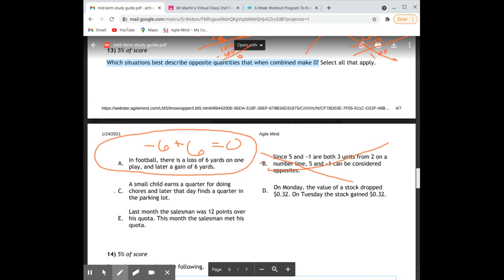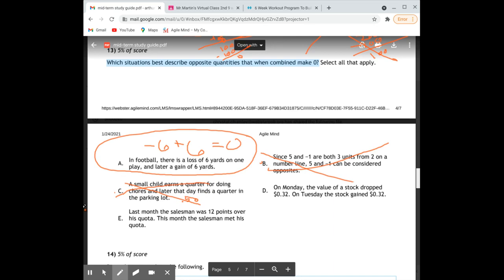If you got 1 quarter and then you get another quarter, how many quarters do you have? You'll have 2 quarters, 50 cents. Correct. And so that's not 0, so that would be wrong.